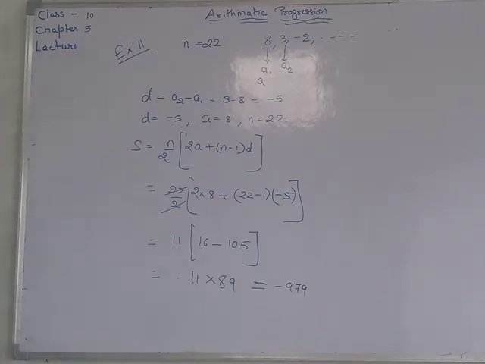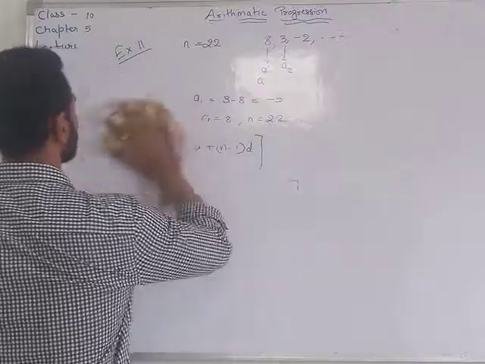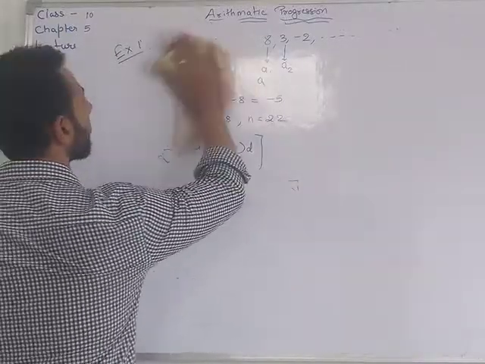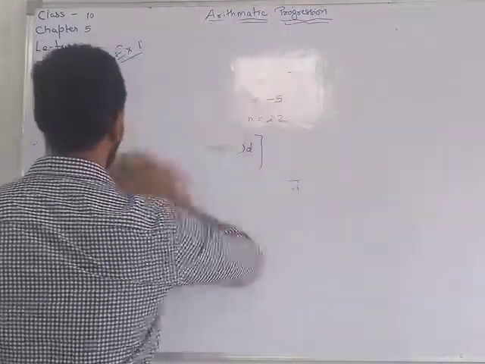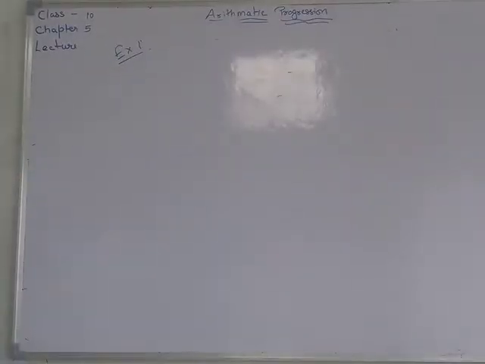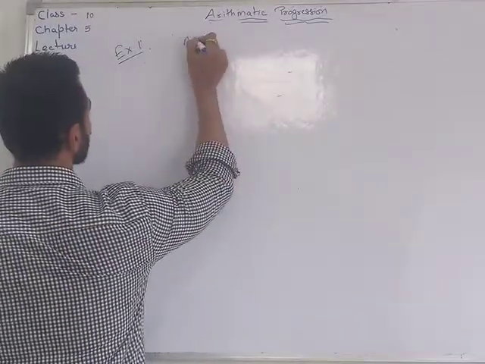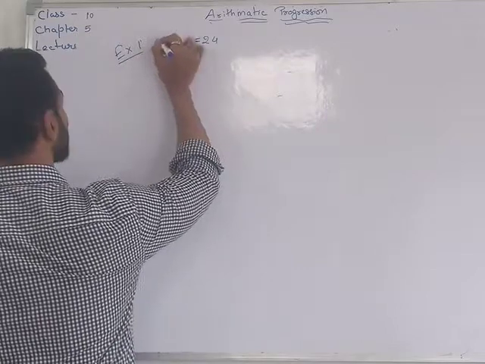Example number 15. Find the sum of first 24 terms of the list of numbers whose nth term is given by an is equal to 3 plus 2n. Now let us see how we can solve this. Find the sum of first 24 terms means n is equal to 24.